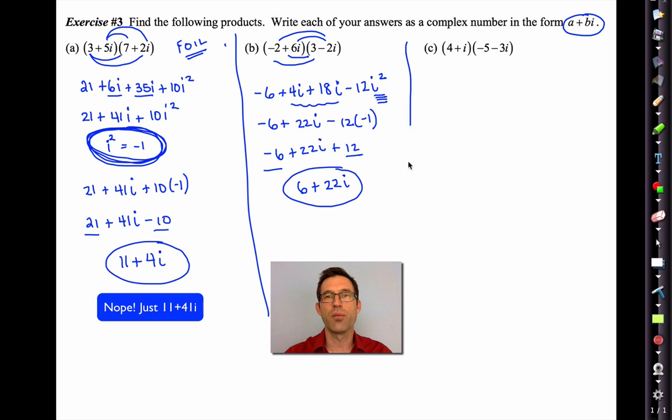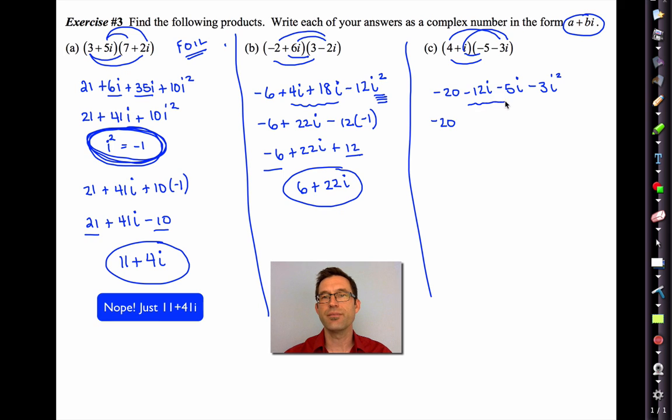All right, let's do one more. 4 times negative 5 is negative 20. 4 times negative 3i is negative 12i. i times negative 5i is negative 5i. And i times negative 3i is negative 3i squared. Again, that negative 20 is what it is. Combine these two, we get negative 17i minus 3 times negative 1.